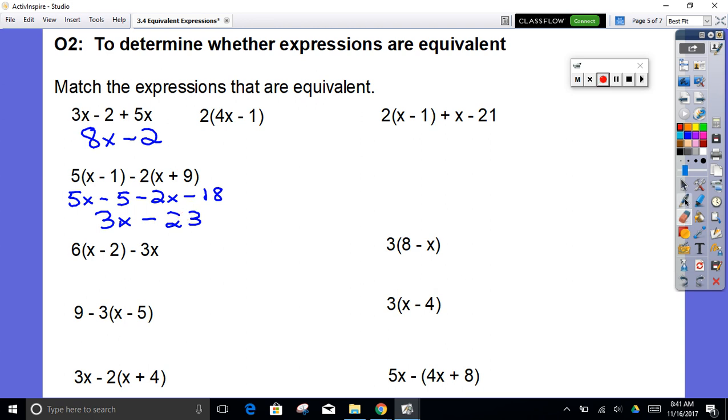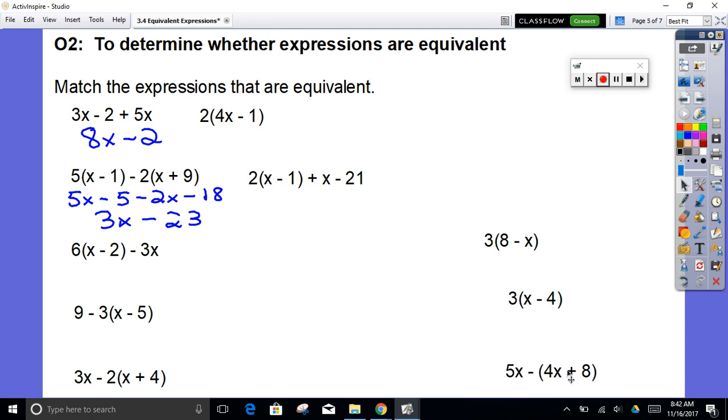Let's fix that. My pen's doing all kinds of crazy things today. Okay, so the first one, let's bring that over there. Let me move these over a little bit. Okay, I'll use a different color. Can you go through the process on this one? You distribute.